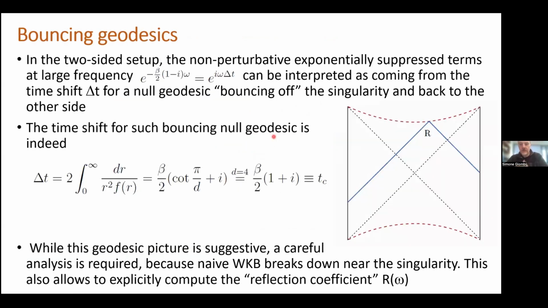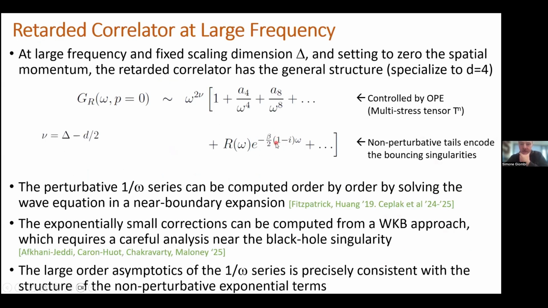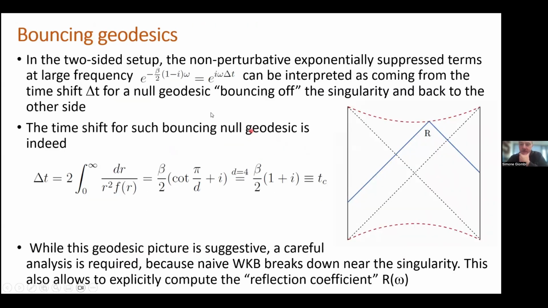And so just to recall this picture of the bouncing geodesic, in the two-sided setup, when you study the two-sided correlator, these kinds of non-perturbative corrections are the ones which are related to these bouncing geodesics. We can view them as e to the i omega delta t, where delta t is the time shift for a null geodesic that bounces off the singularity of this two-sided black hole.